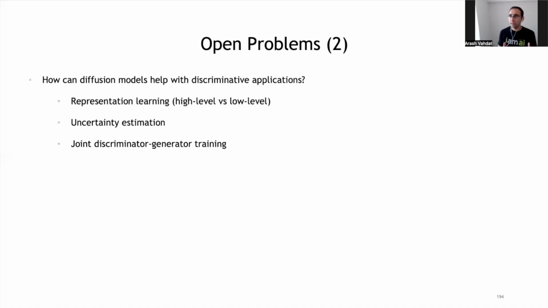Another group of applications that may benefit from diffusion models is uncertainty estimation. One question is how we can use diffusion models to do uncertainty estimation in downstream discriminative applications. And finally, one question that remains open is how we can define joint discriminator-generator models that not only classify images or inputs, but also can generate similar inputs.